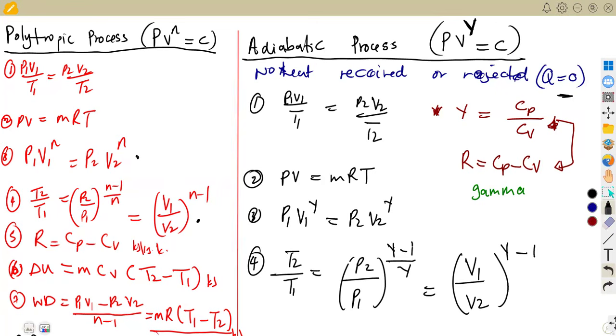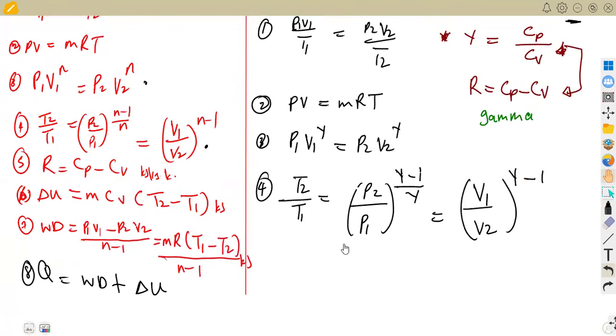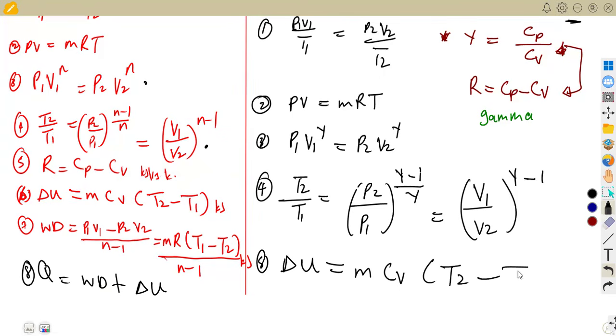So also, considering the change in internal energy and the work done, everything can be calculated. The change in internal energy is going to be m Cv times the change in temperature, T2 minus T1.